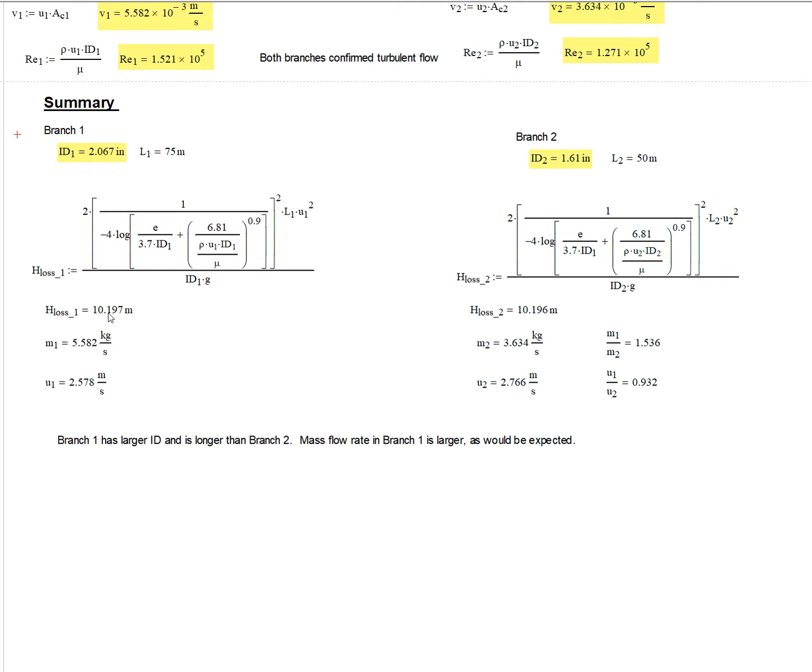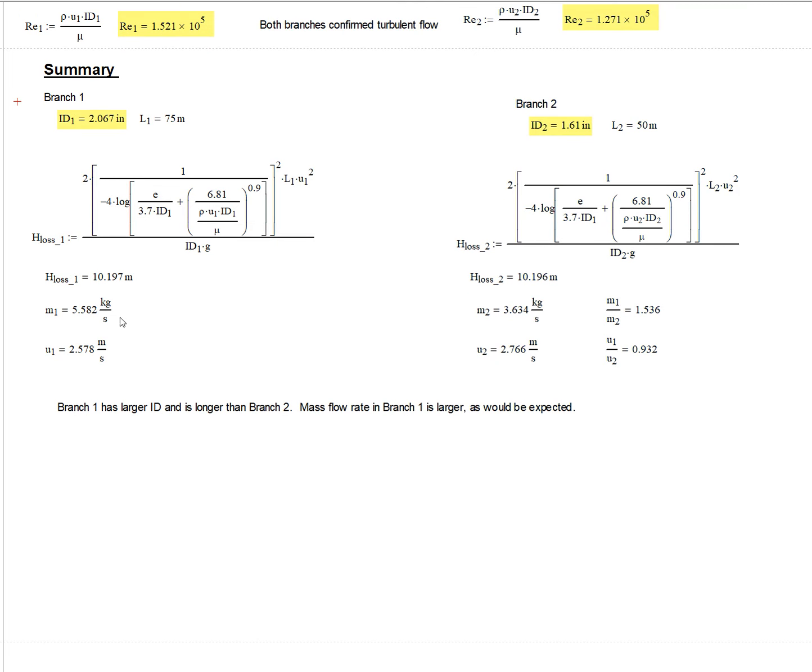You see that the head losses are actually quite similar for both of these cases when you take into account the lengths and the velocities. The head losses are very close, and you see that our mass flow rate is about 1.5 times greater in our larger diameter pipe, but the linear velocities are about the same. So anyway, that's a calculation of applying the Bernoulli equation to a network of pipes.